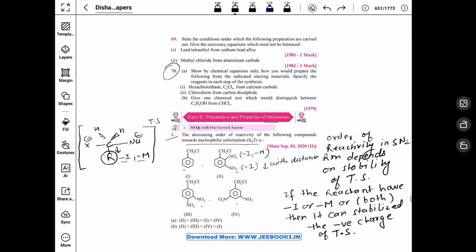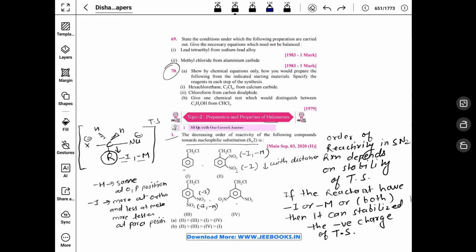In case of 3, it is nitro at para, which has minus I and minus M. The resonance effect is the same at ortho or para position. Resonance effect doesn't change with distance, but minus I effect is more at ortho, less at meta, and even lesser at para position.